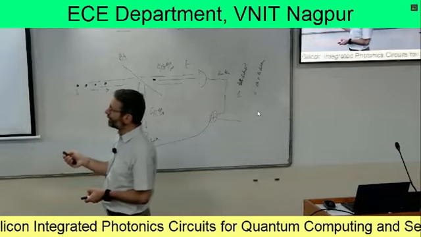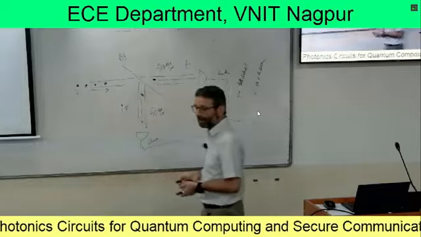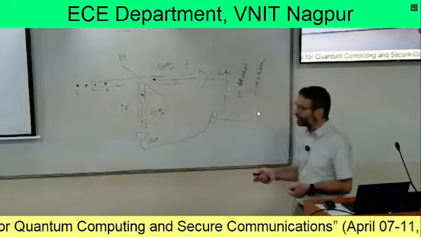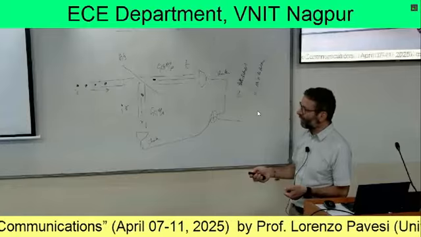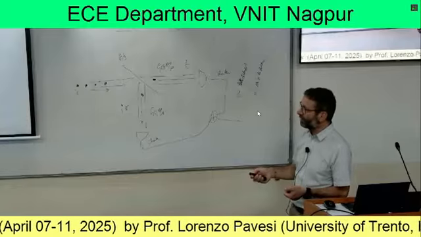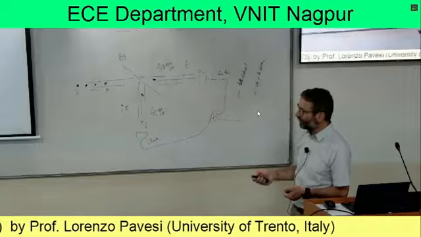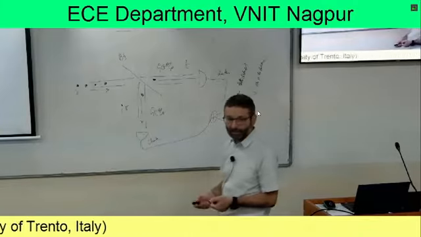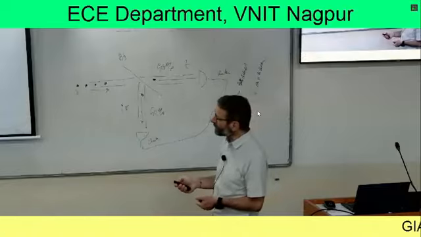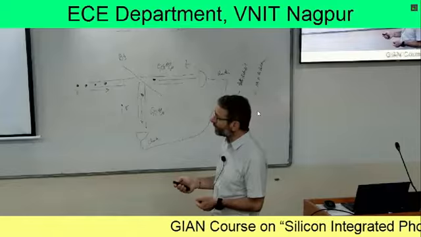Then you consider bunched light, which is the typical light coming out from coherent sources. Also in this case, the probability that both photons arrive and both photodetectors click is high. But now let us assume that you have a single photon.